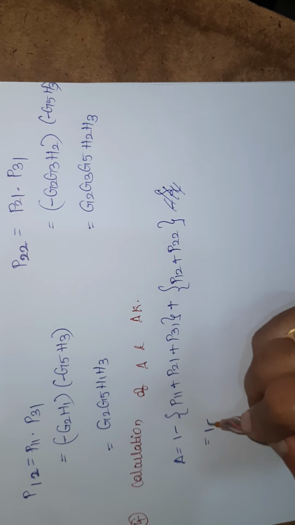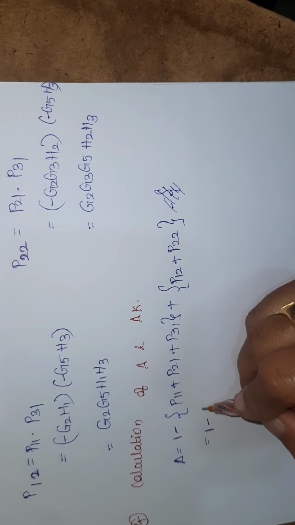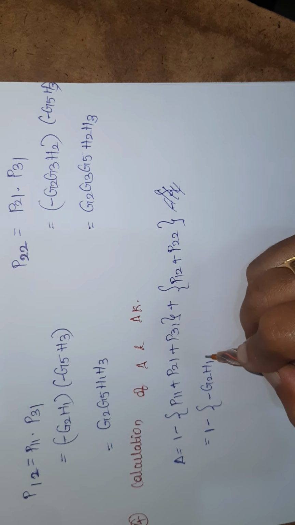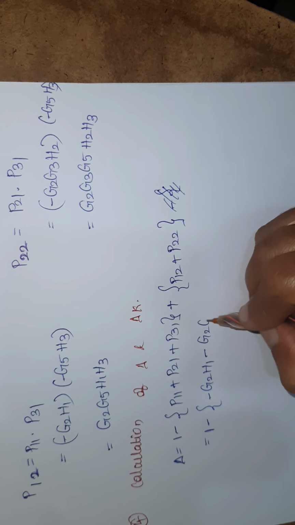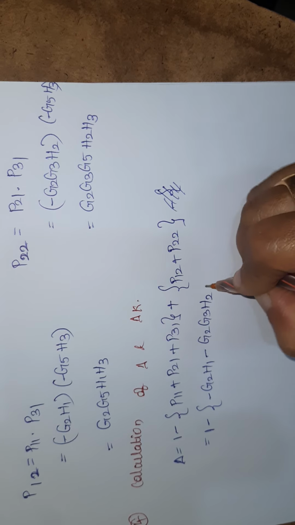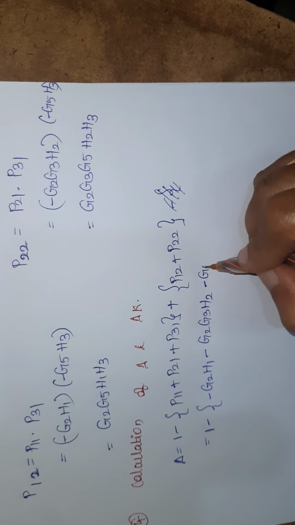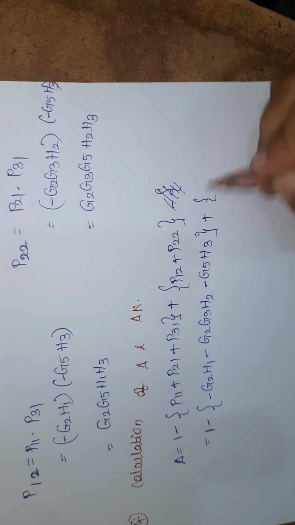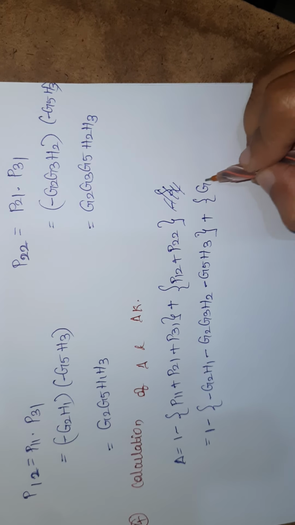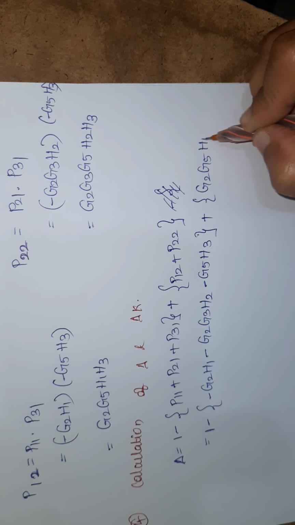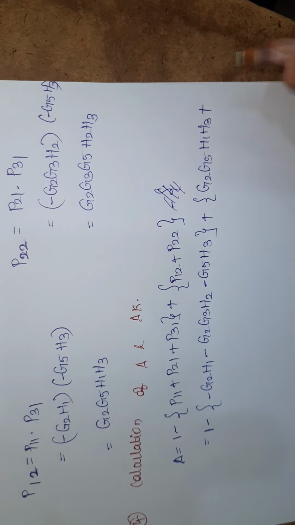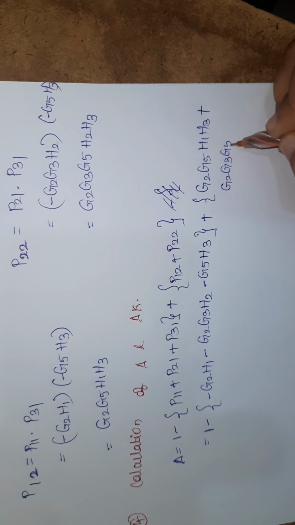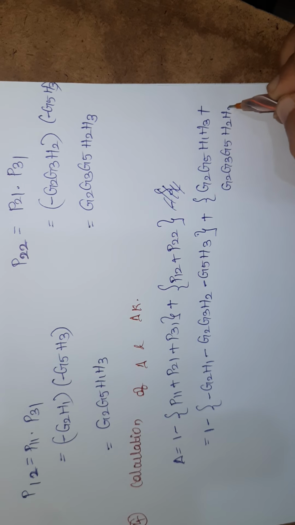So I will write 1 minus, what is P11? Minus G2 H1, P21 minus G2 G3 H2, P31 minus G5 H3, plus what is P12? G2 G5 H1 H3, plus P22 G2 G3 G5 H2 H3.